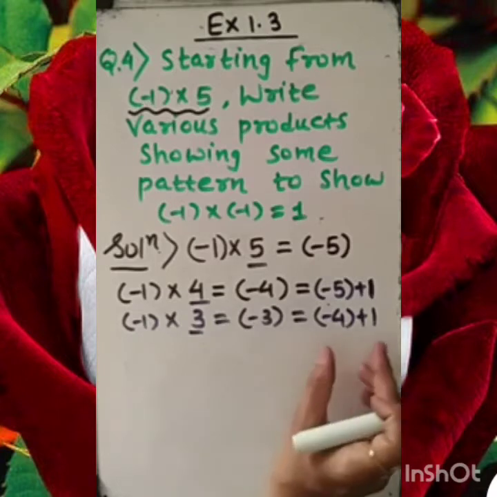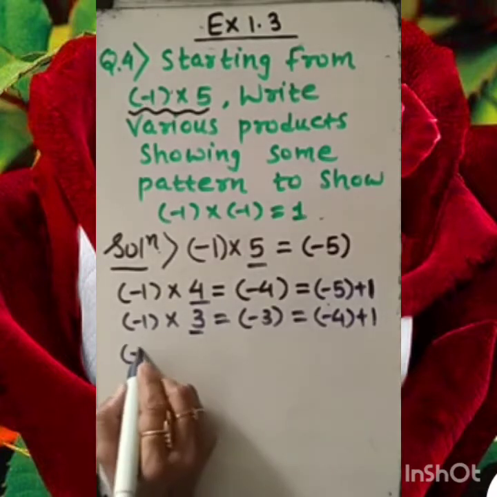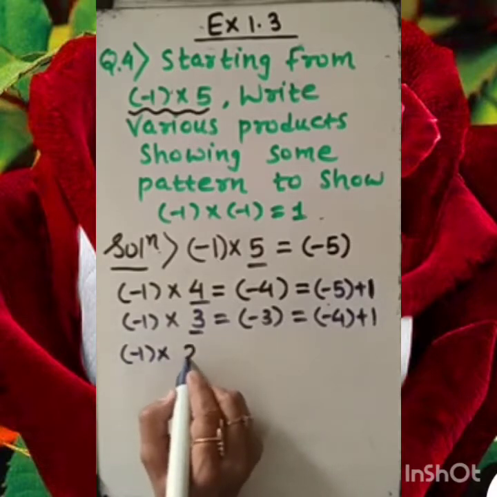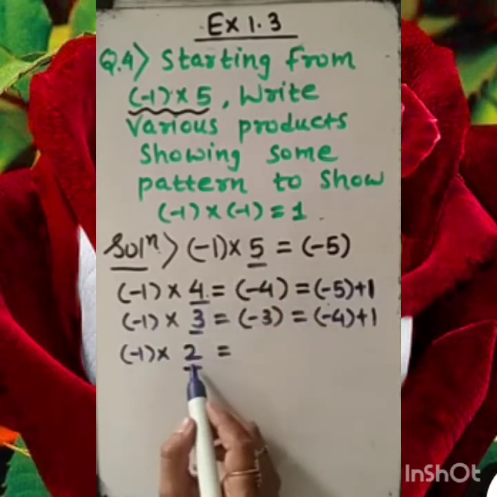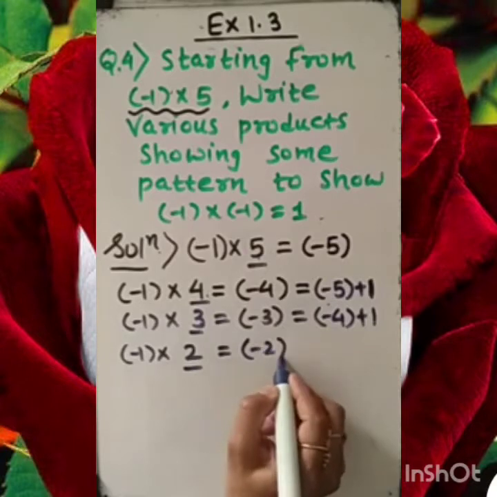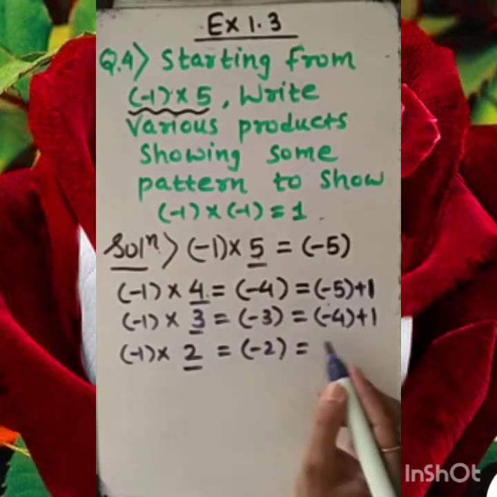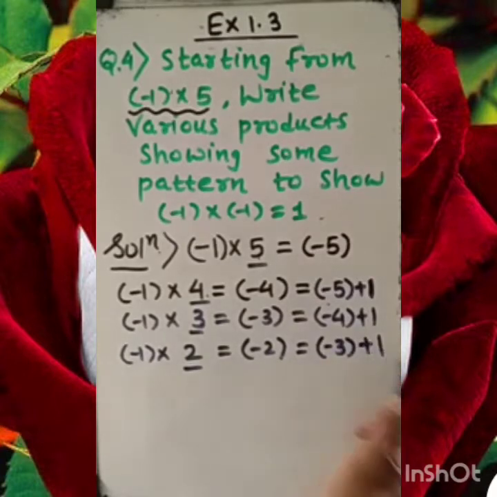This is another pattern we are performing. Next, one more example. Minus 1 into 2. I am choosing 5, 4, 3, 2. Of course it will be minus 2, and we know that minus 2 can be written as minus 3 plus 1.